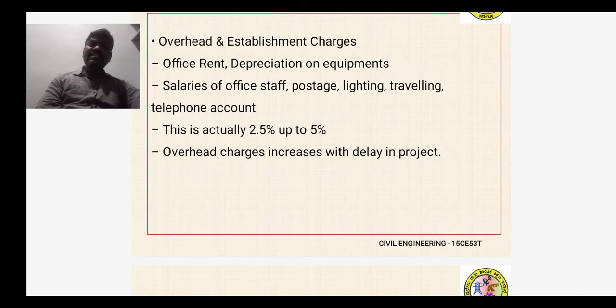Overhead charges increase with delay in the project. And establishment charges are traveling, equipment, salaries, office rents, etc.